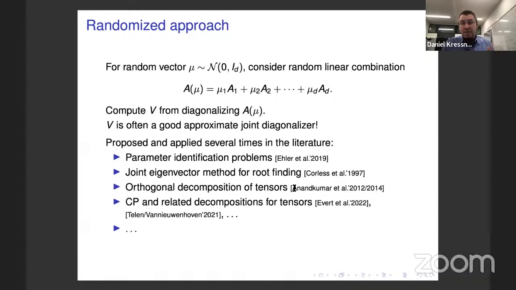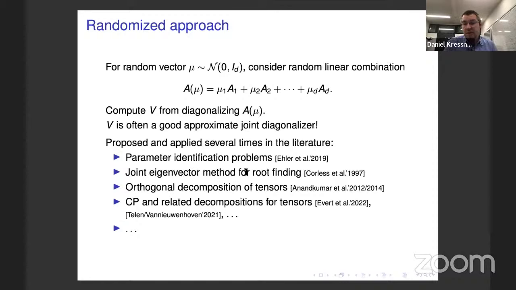But related ideas also appear in situations where maybe you don't use an orthogonal transformation, but a more general similarity transformation. Then you can compute other stuff like CP and related decompositions for tensors. In this context, randomized linear combinations have been used as well.